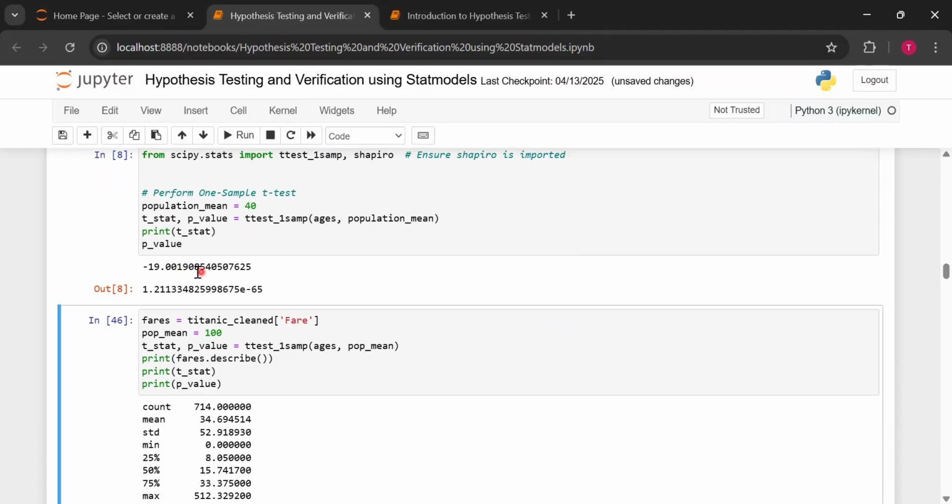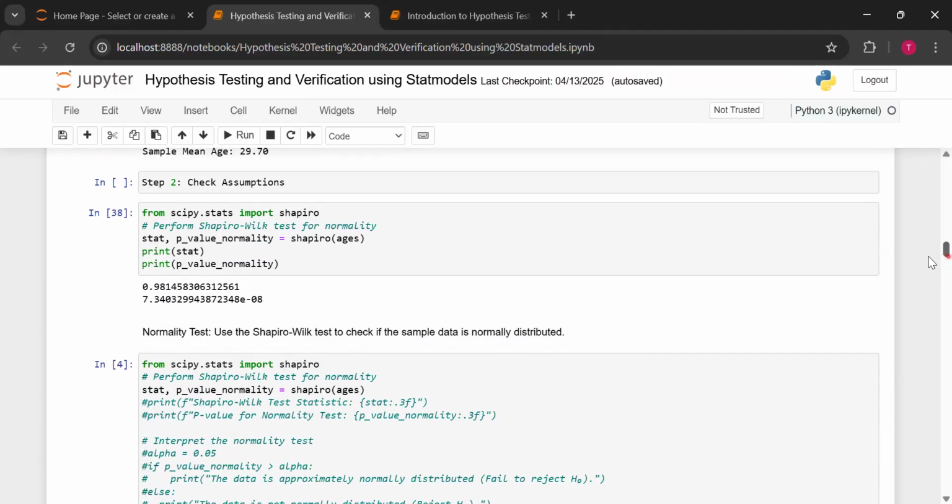So we have our p-value and its probability, which is e to the minus something, very small, not exactly zero, showing that there's a significant difference between the sample age and what we expected.